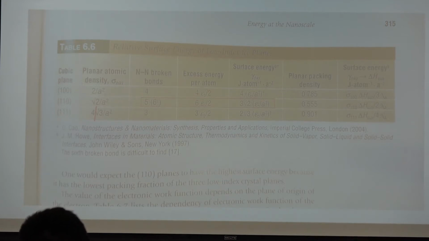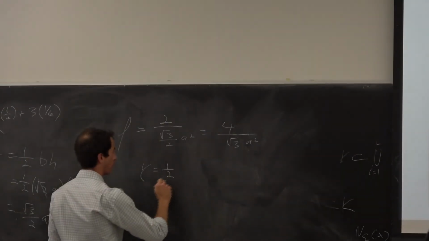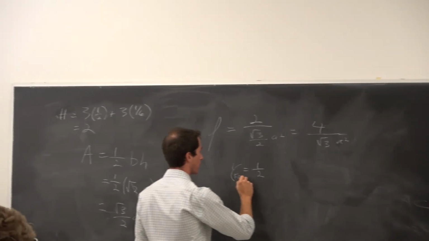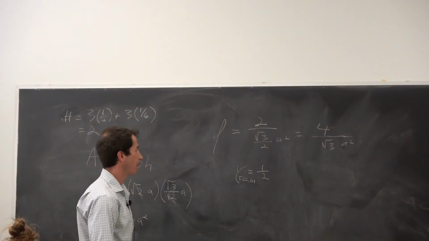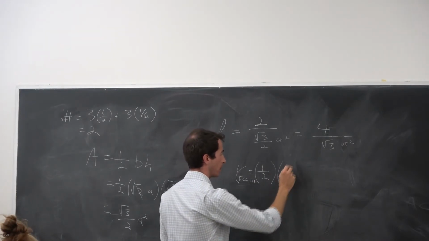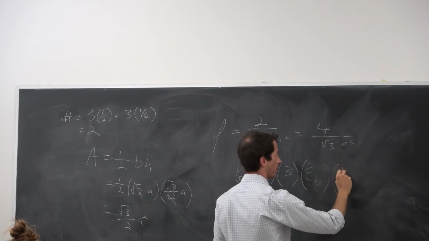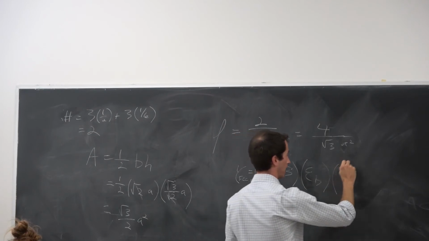Okay. Now we can finally go and calculate our surface energy for FCC 111. Number of bonds broken is 3 times our binding energy times the planar packing density.